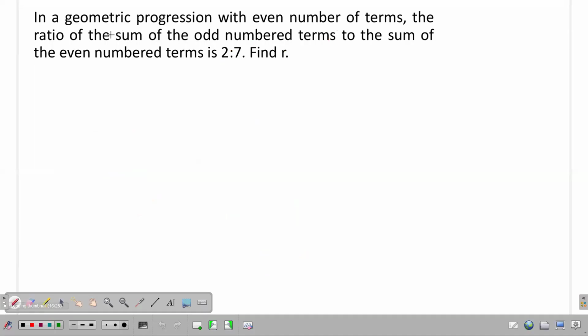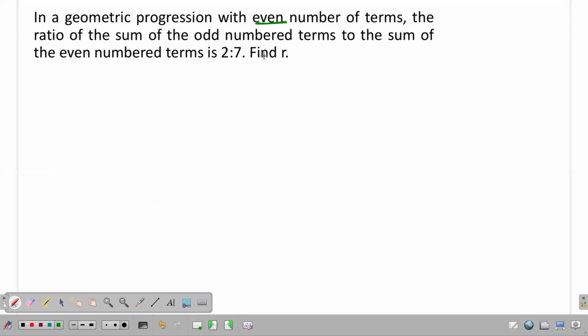Look at this. In a geometric progression with even number of terms, the ratio of the sum of the odd numbered terms to the sum of the even numbered terms is 2:7.